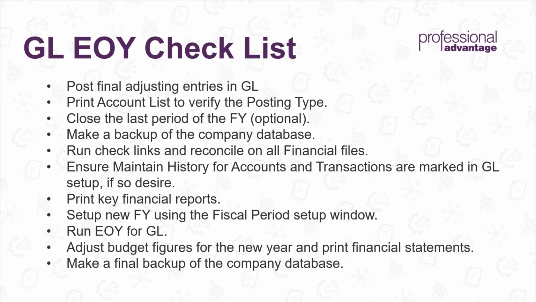The reason is that when GP does its general ledger end of year process, it will sum up all of the balances of your P&L accounts into a nominated retained earnings account in the general ledger setup window. So imagine a P&L account that's by accident set up as a balance sheet account or vice versa.